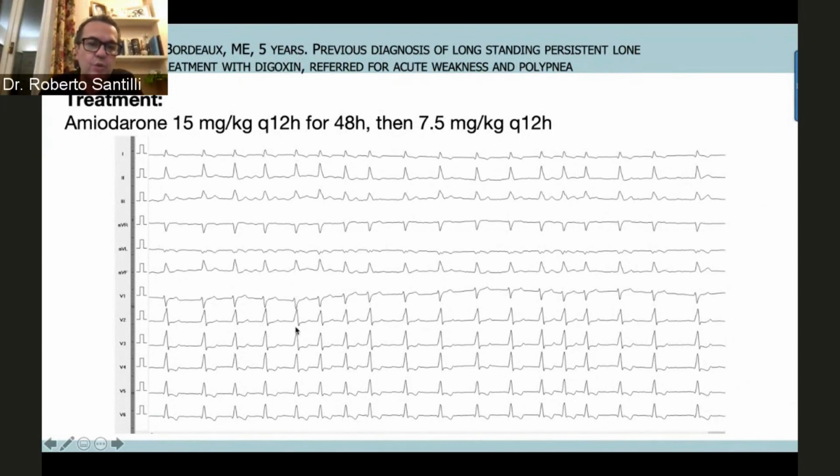Remember always to look. Now we have a paper that will come out in the next months in JVC about the use of the IDE, the interventricular dyssynchrony index, and we will explain it to you.